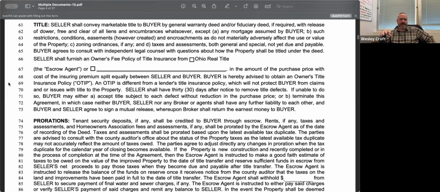C, zoning ordinances, or taxes and assessments. So what that means is anything and everything that the seller may owe to anyone from the time that they lived there, they must pay those things to whomever they need to be paid to prior to closing or at closing with their proceeds. If they don't, then we've got an even bigger issue.